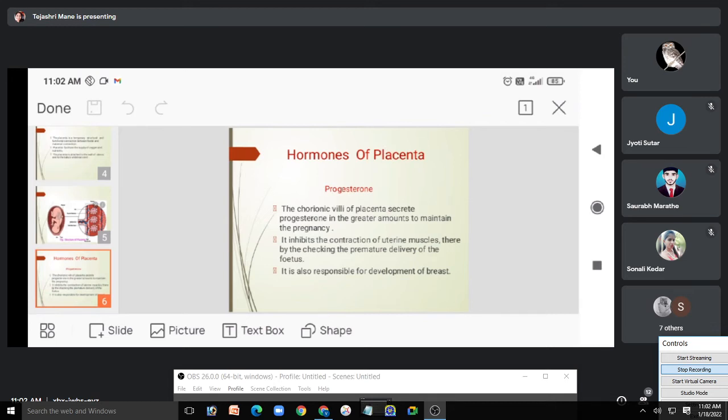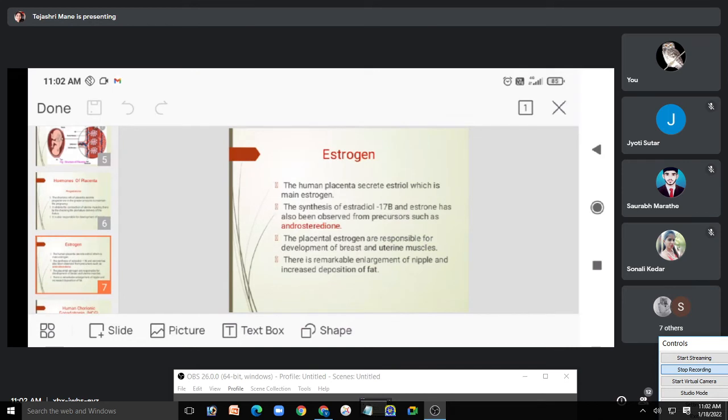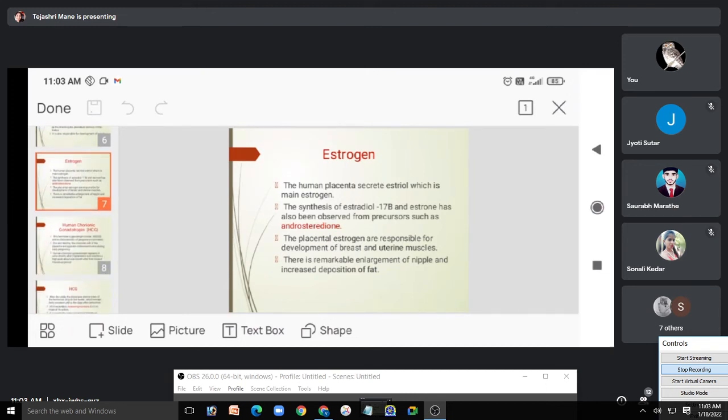The synthesis of estradiol 17B and estrone has also been observed from precursors such as androstenedione. The placental estrogens are responsible for development of breast and uterine muscles. There is remarkable enlargement of nipple and increased deposition of fat.